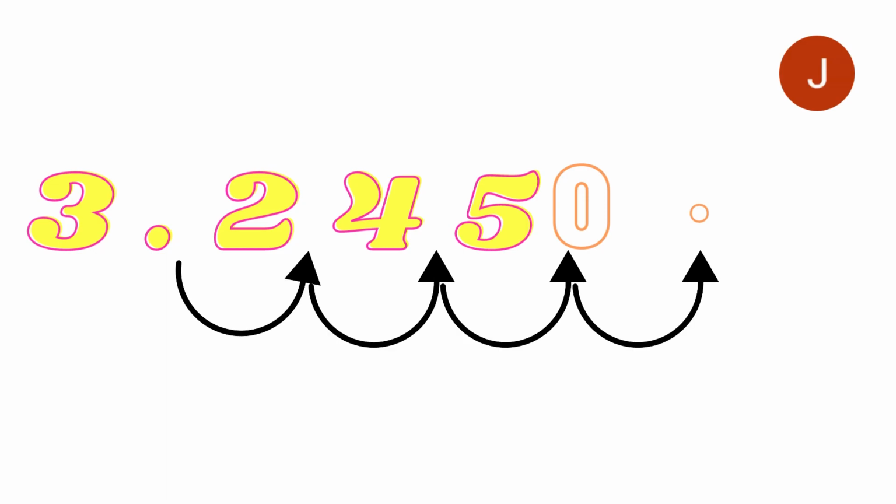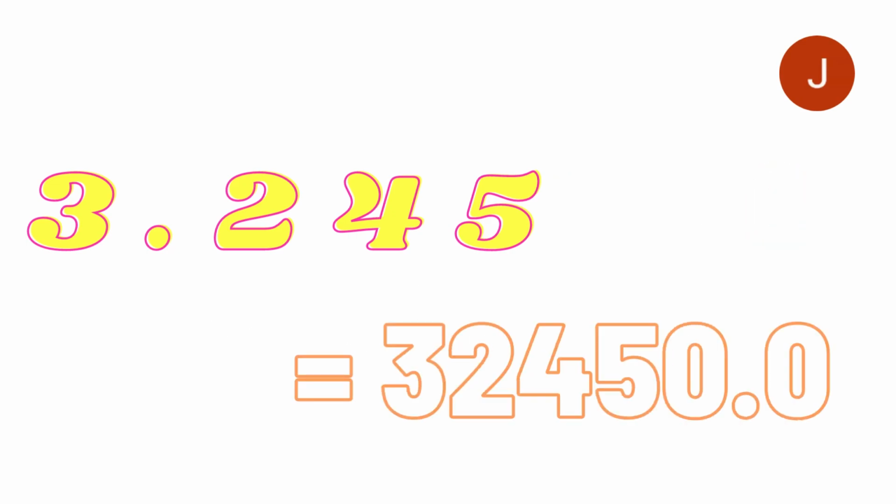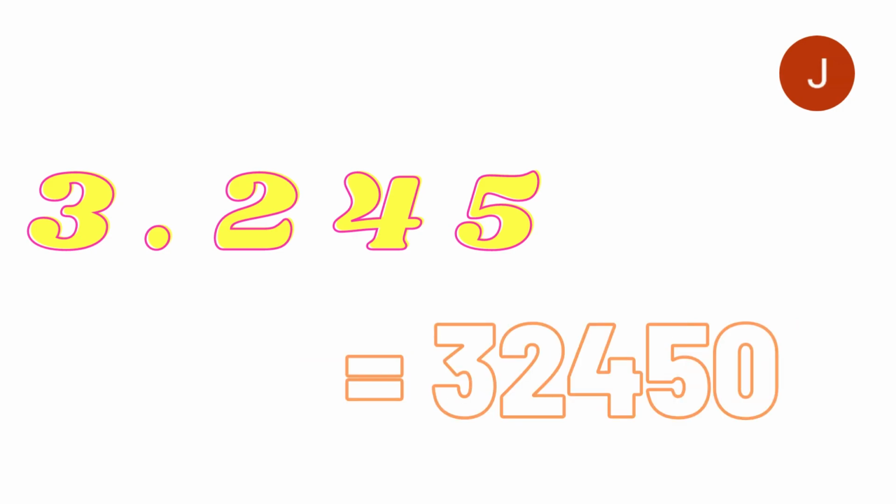I can either remove it or add another 0 to the right. And now my answer would be 32,450.0. If I wanted to remove the decimal point and the 0, I could just have 32,450. And there you have it, a much easier and better way to solve multiplying any number, which can also be a decimal number, by 10 or a power of 10.